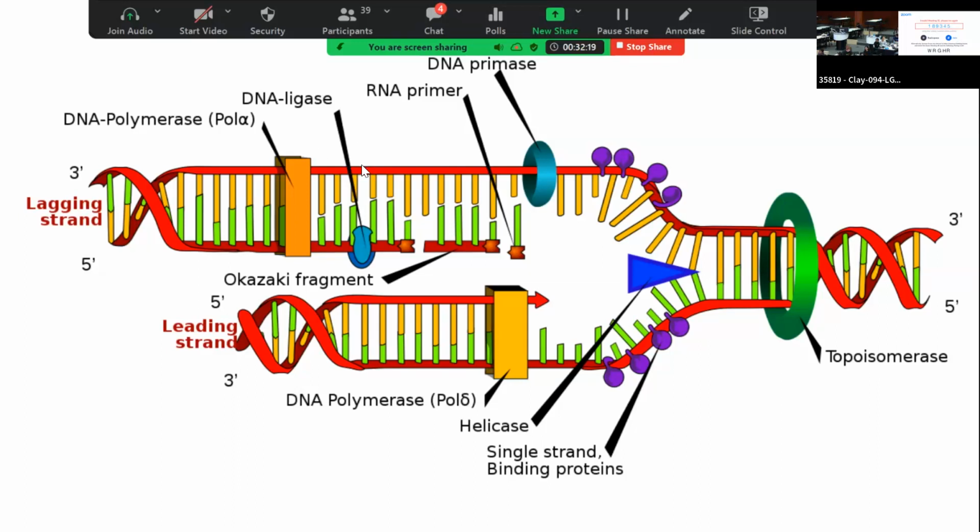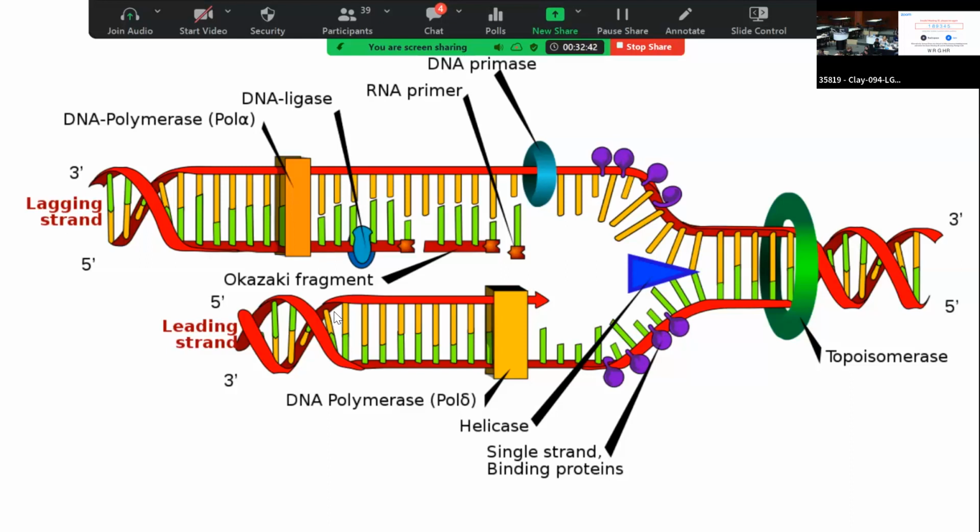Next you have elongation. Here is your DNA primase, which is where it starts, attaching these RNA primers. From there, your DNA polymerase will synthesize new DNA bases, attaching them in that direction. You should also know we have your leading and lagging strand.